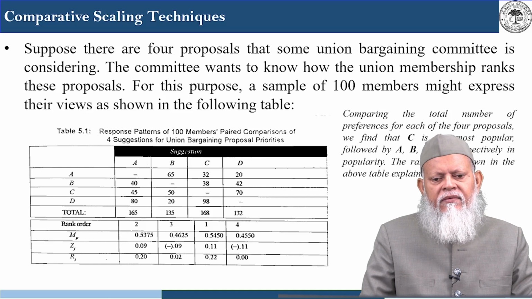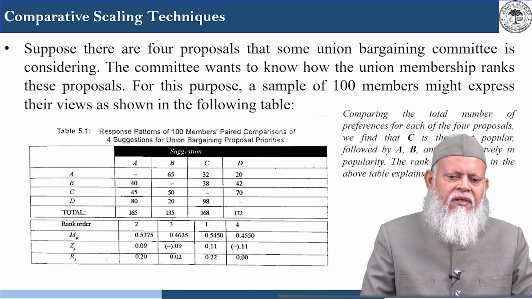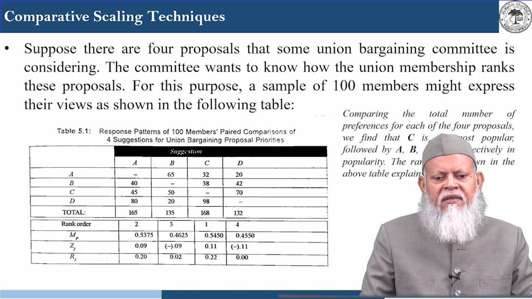Of course, in total it is 600, but C is the most popular, followed by A, B and D proposals.